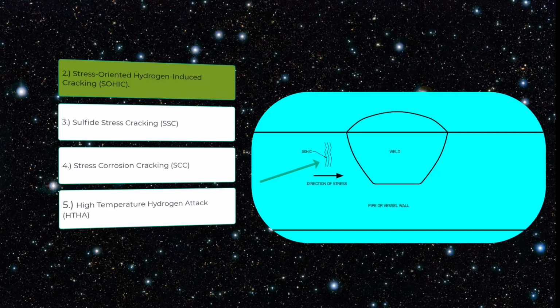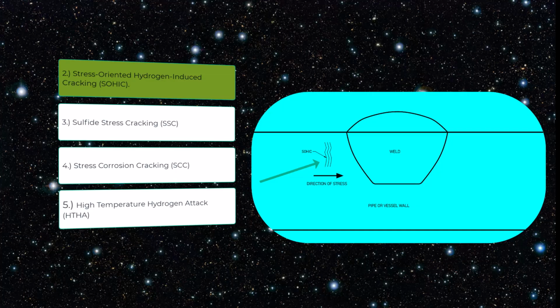In SOHIC, the hydrogen ion migrates, and because of the stress, there could be voids or dislocations in the steel that are now further enhanced as far as volume goes and are very favorable for hydrogen ion migration.